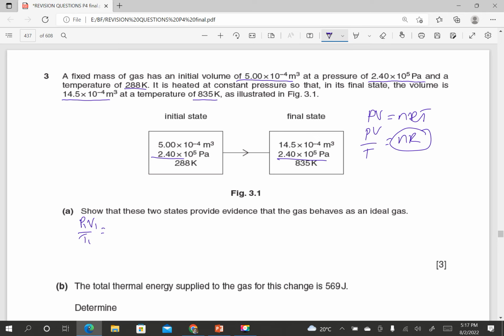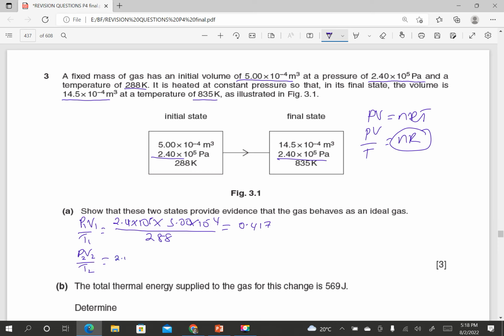This pressure is 2.4 times 10 power 5. Volume is 5.00 times 10 power negative 4 divided by the temperature, which is 288. Pressing the calculator, this gives us 0.417. Let's check P2 V2 divided by T2, for the second stage.